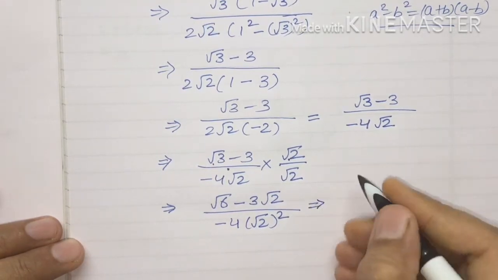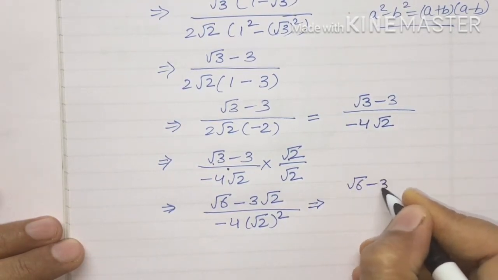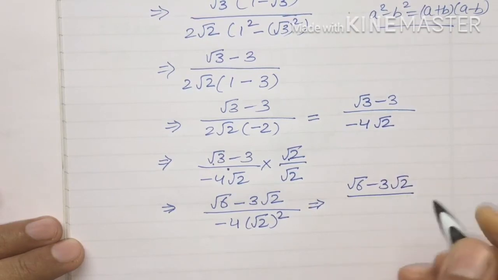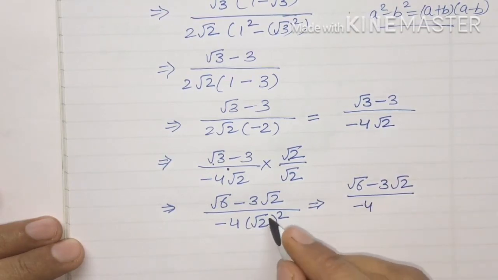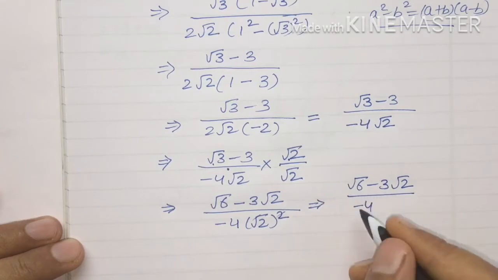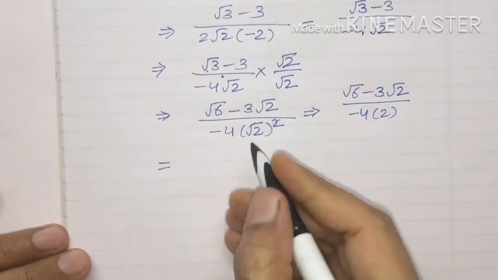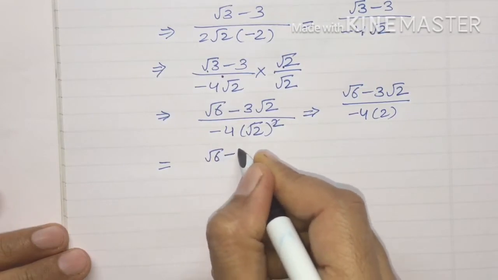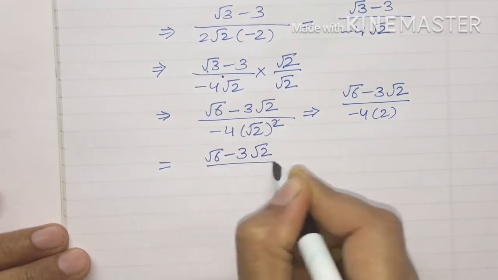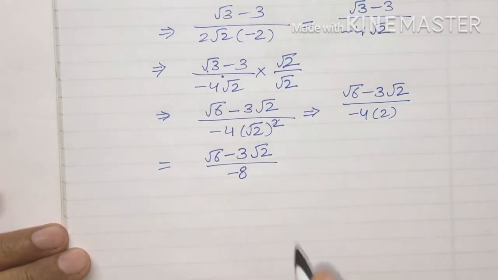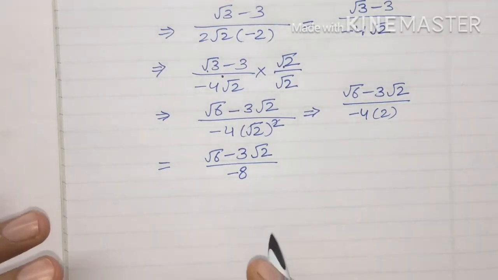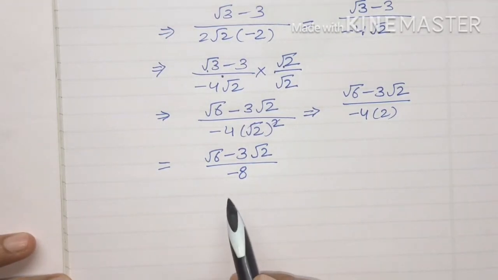So it will be root 6 minus 3 root 2 upon minus 4, we can cancel the root with the square, into 2. So root 6 minus 3 root 2 upon 4 2s are 8, so minus 8 will be there in the denominator.